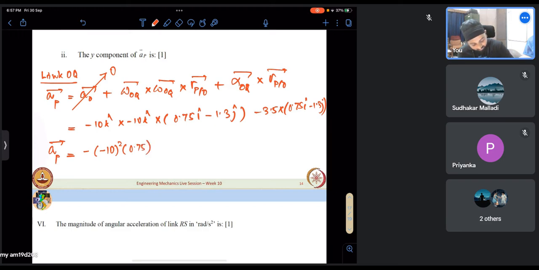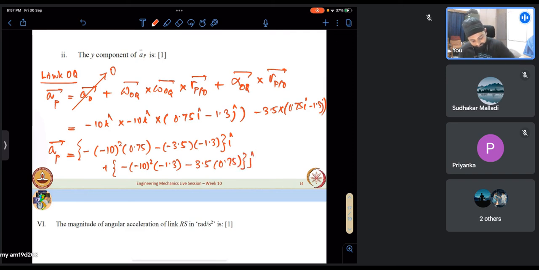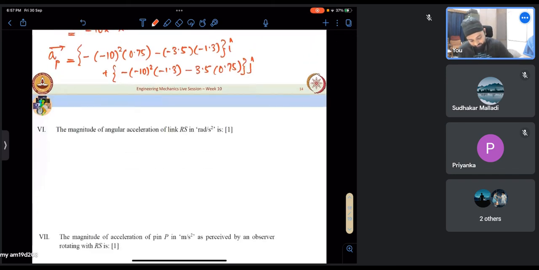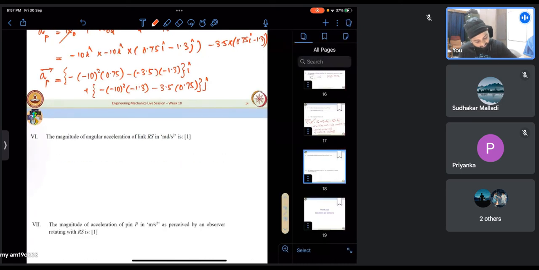I component, minus 3.5 to minus 1.3. This is my I component. And J is, so let me just add another page here.